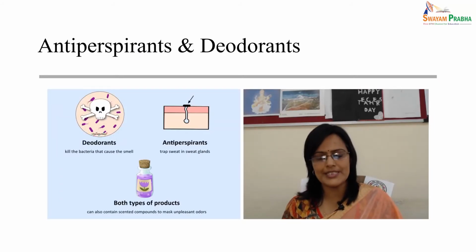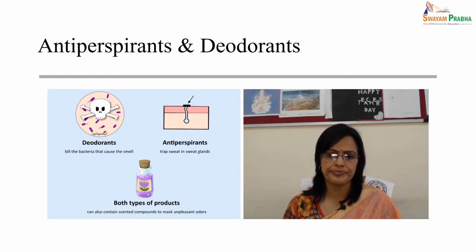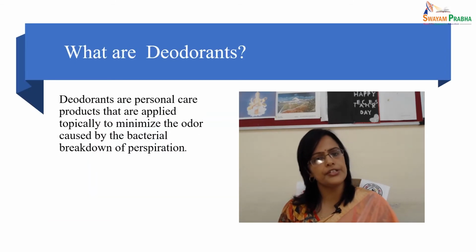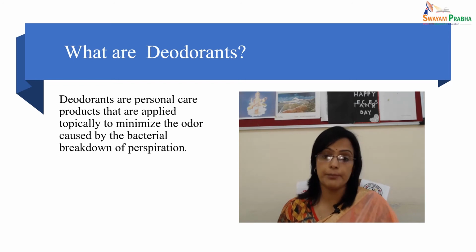So dear students, now next in this module we are going to study about antiperspirants and deodorants. Deodorants are personal care products applied topically to minimize the odor caused by the bacterial breakdown of perspiration.